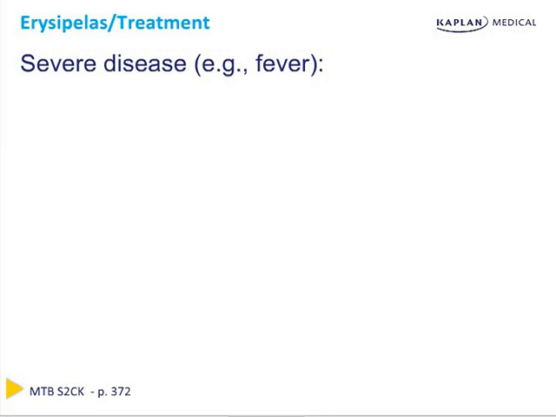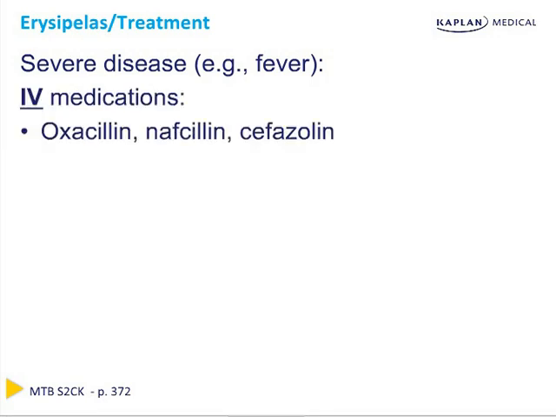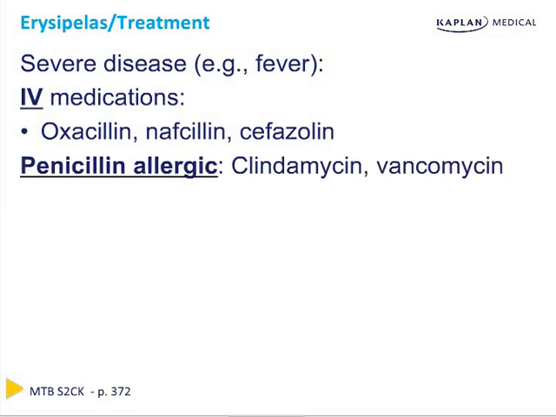When disease is severe, you need intravenous medications like oxacillin, cloxacillin, dicloxacillin, and nafcillin. Cefazolin is a first-generation cephalosporin. It's the intravenous equivalent of cephalexin. With a life-threatening penicillin allergy, remember, just a rash, use cephalosporins, but for a life-threatening penicillin allergy, clindamycin, vancomycin.